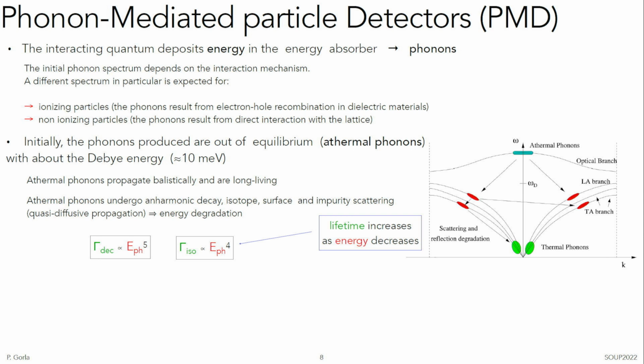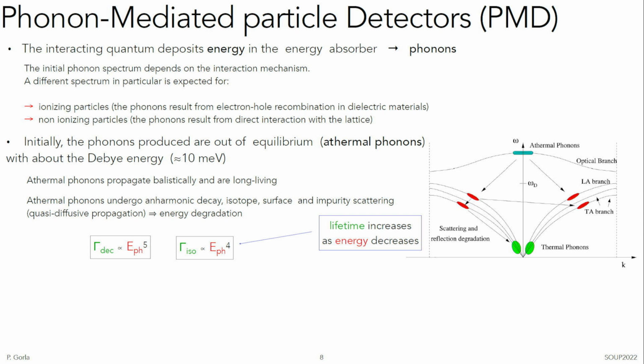So, to conserve momentum, you generate two different populations in the so-called acoustic branches, the longitudinal and transversal acoustic branches. And then you have more and more degradation to get to a new equilibrium distribution of phonons.